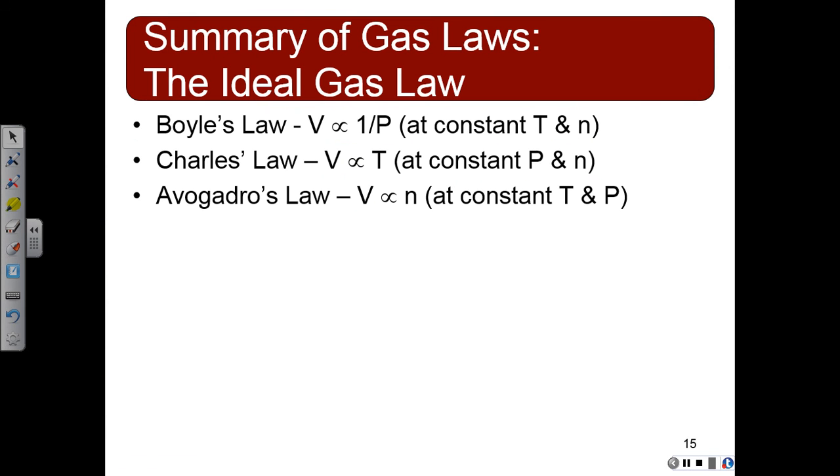So here's a summary. Boyle's law says that volume and pressure have a relationship at a constant temperature, and N is moles. That's what we're about to throw in. Charles' law says volume and temperature have a direct relationship, and then we're going to throw in a new law, Avogadro's law.